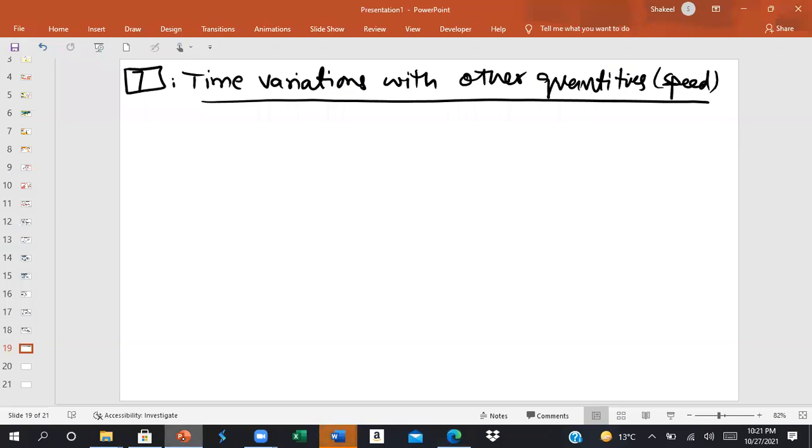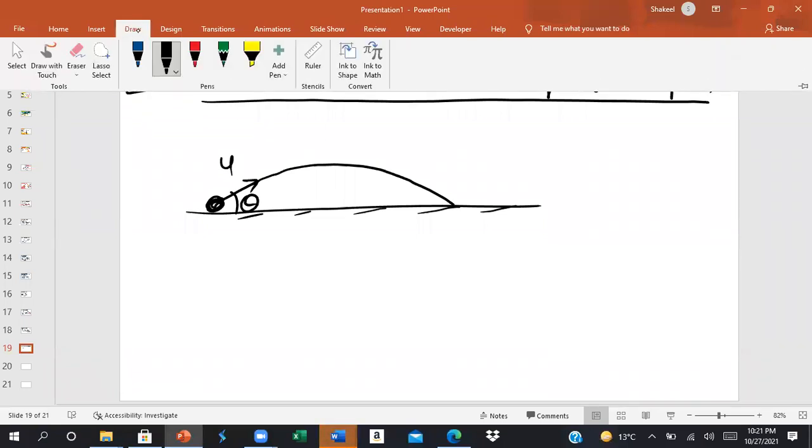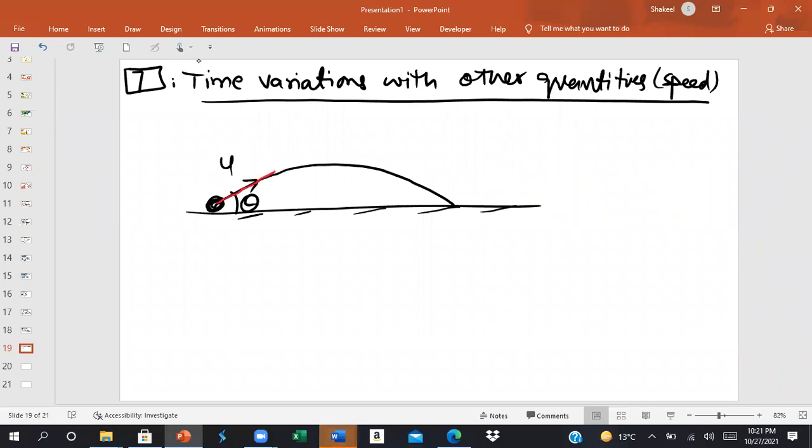We can conclude one thing: if you throw something up with speed u, let's say it's going like this. Now if I throw with a speed that is more than this, but keep the angle the same, it will be falling out over here.